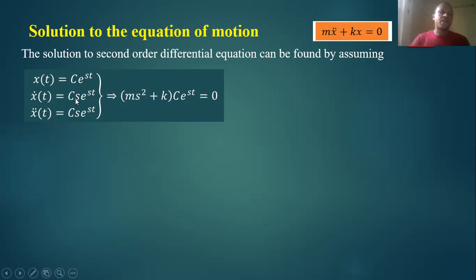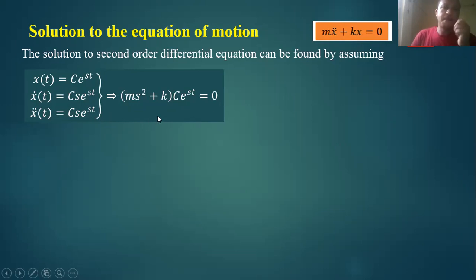Okay, so if this is considered a solution, then x dot of t is the velocity term, and x double dot of t is the acceleration term. Substituting these three equations into the first equation, we get an equation like this.